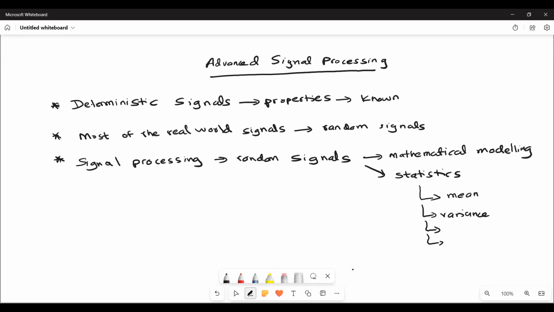When we talk about statistics, we can also get other topics like likelihood estimation and linear regression.